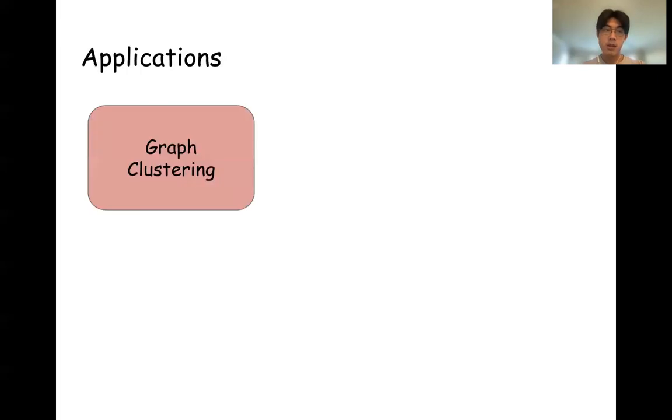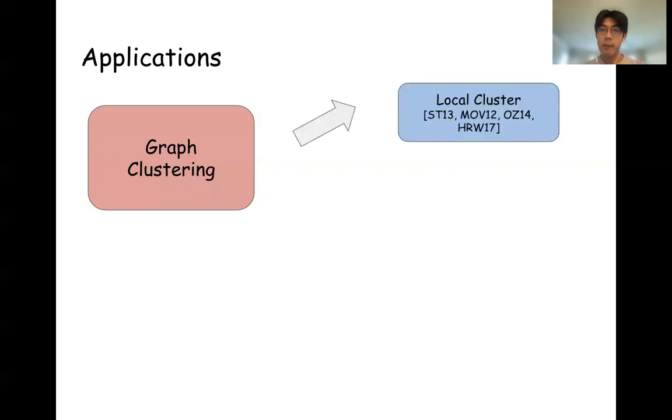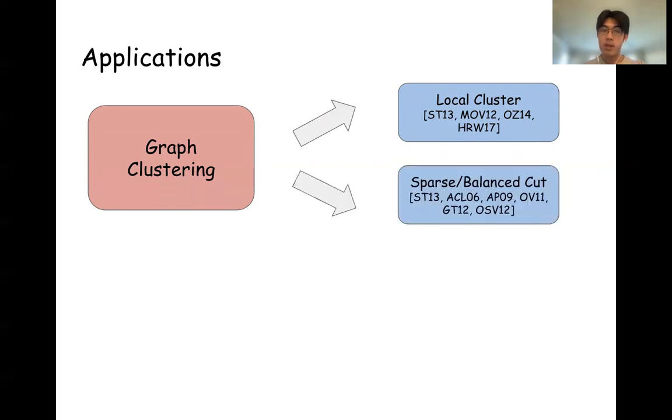Diffusion has been used in many graph applications, such as graph clustering. For example, the problem of local clusters wants to find a cluster contains the given initial set of vertices, and this has been used in the first expander decomposition algorithm and the first spectral sparsification algorithms. Using diffusion, we can also find a sparse or balanced cut in graphs.